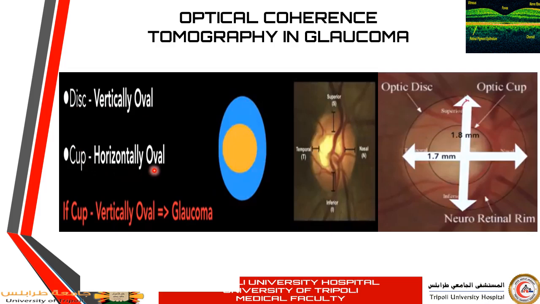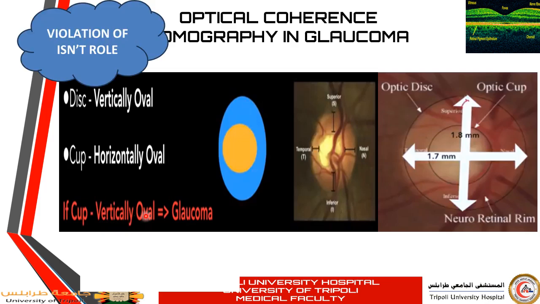Any change in this makes the optic disc more suspicious. For example, in glaucoma, you will find the cup becomes vertically oval. So this is more suspicious. And why is it vertically oval? Because it violates the ISNT rule. That is, normally the inferior pole is thicker than the superior pole. So when there is an enlargement of the cup and there is violation of the inferior pole, now the ISNT rule is not obeyed.